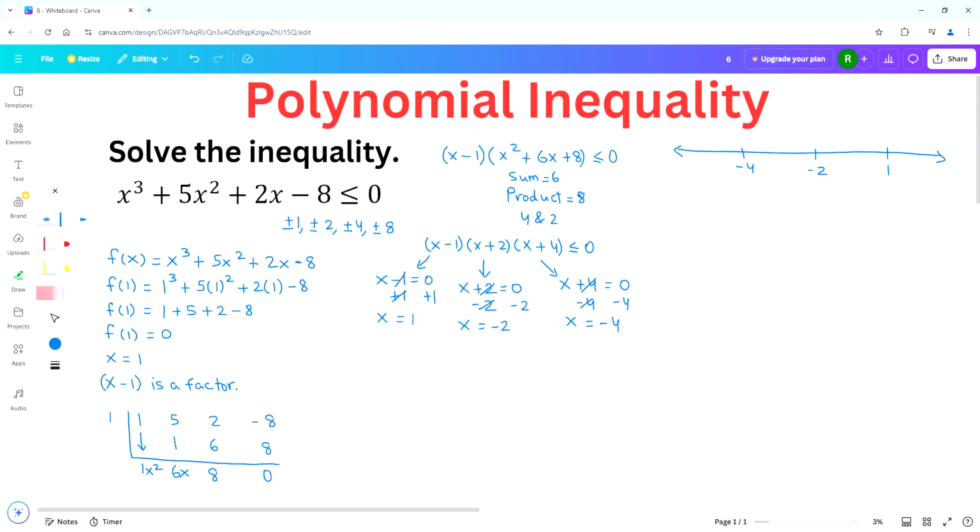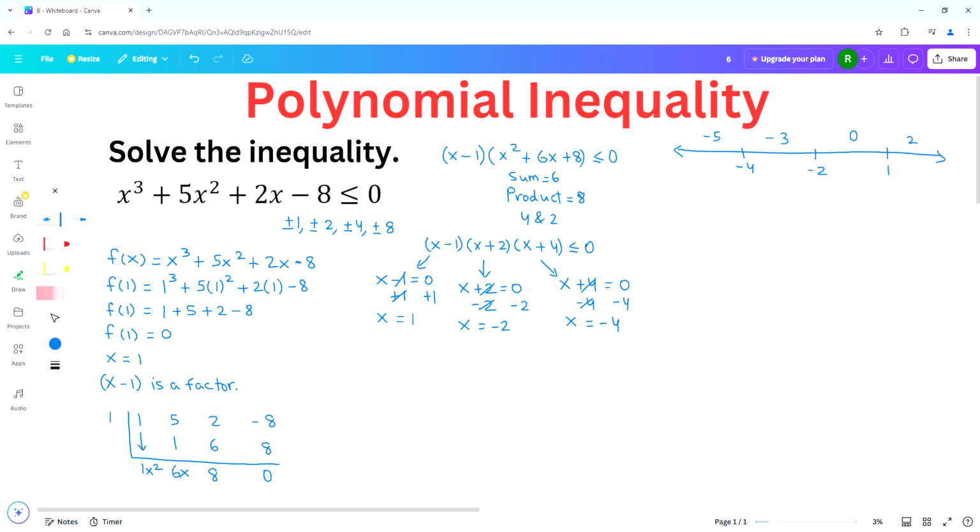We have to test the inequality in these 4 intervals, using a test value in each interval. To the left side of -4, we can use the test value -5. Between -4 and -2, we can use the test value -3. Between -2 and 1, we can use the test value 0. And to the right side of 1, we can use the test value 2.